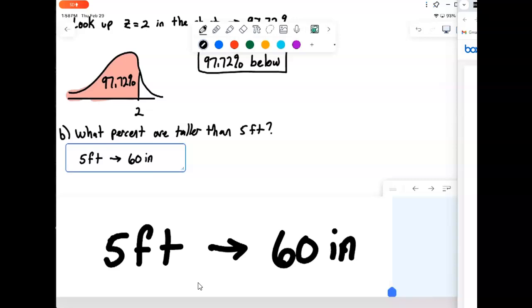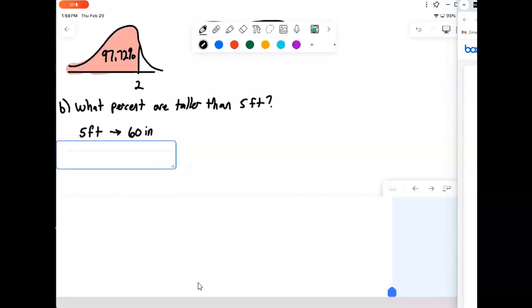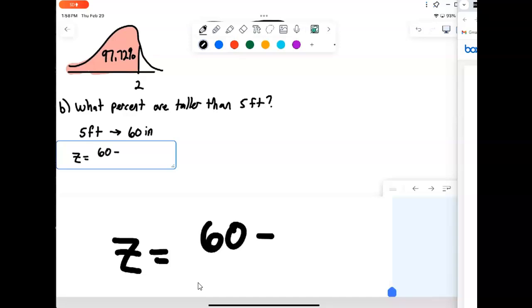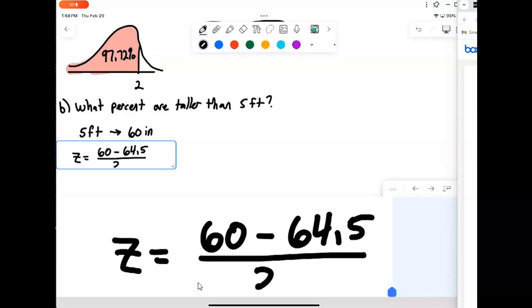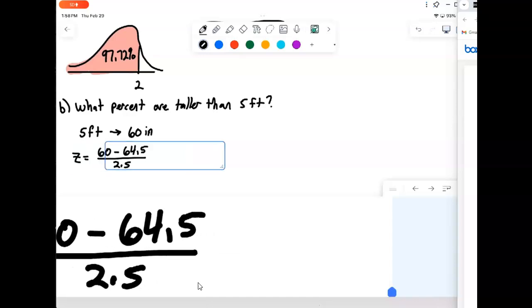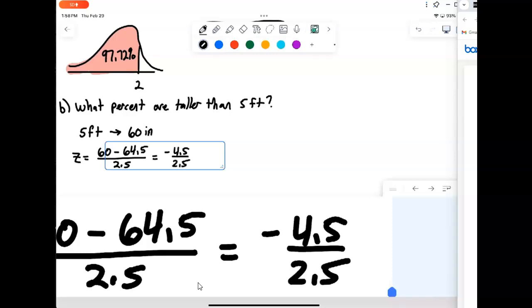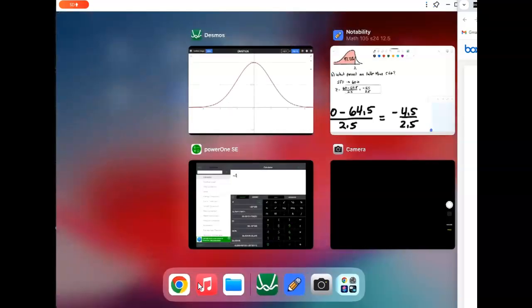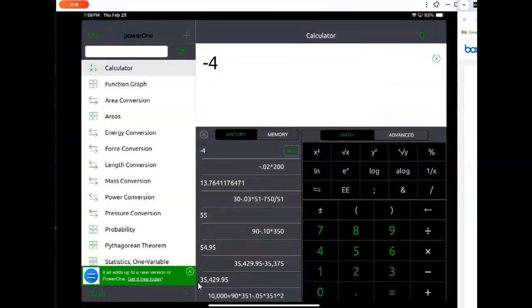So we're going to take that first, just like we did before, and compute the z-score. That's our data value minus our mean, divided by the standard deviation. So that's going to be negative 4.5 divided by 2.5, and then it's just a calculator computation.